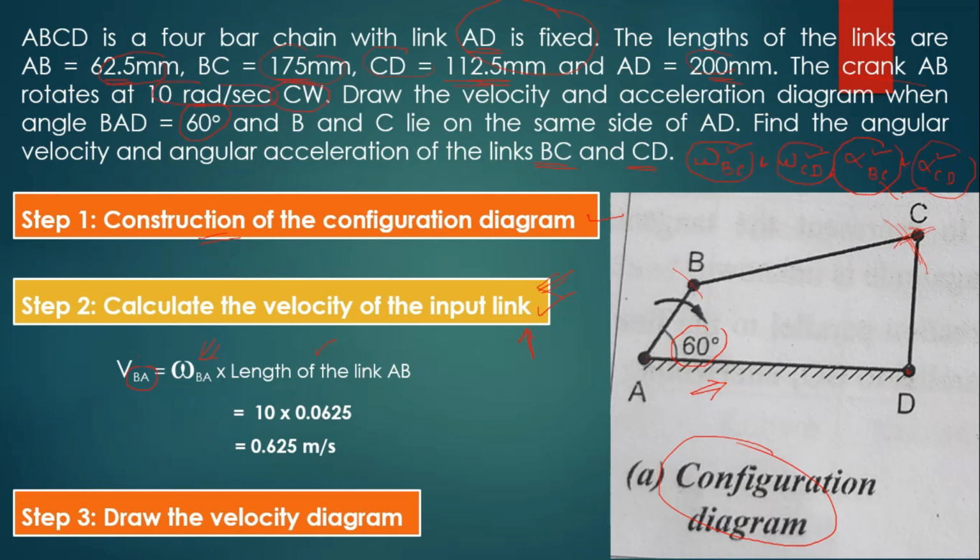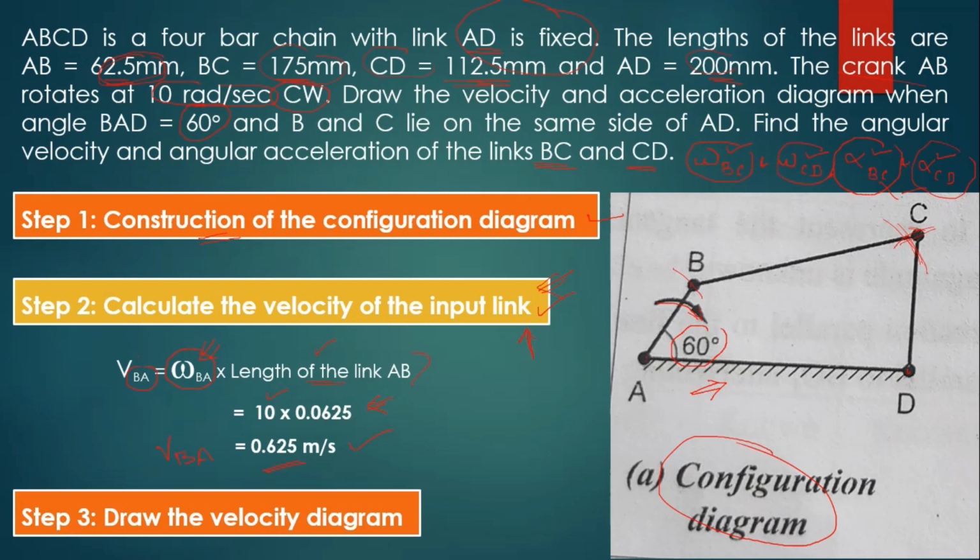That is why in the configuration diagram the direction indicates clockwise, and the angular velocity is 10 radian per second for the input link AB. We substitute omega BA equal to 10 and length of the link AB equal to 62.5 mm. We convert it into meters, substitute 0.0625, multiply, and we get the velocity of B with respect to A equal to 0.625 meter per second.